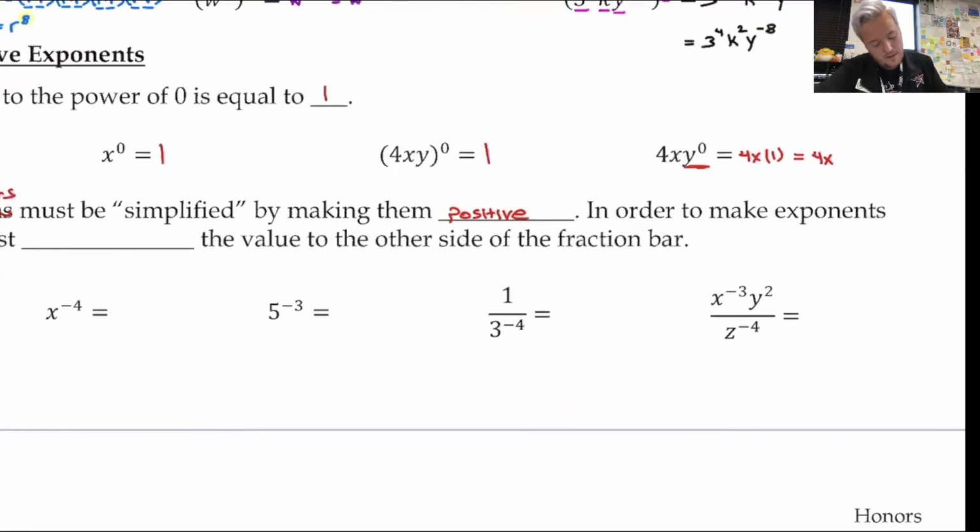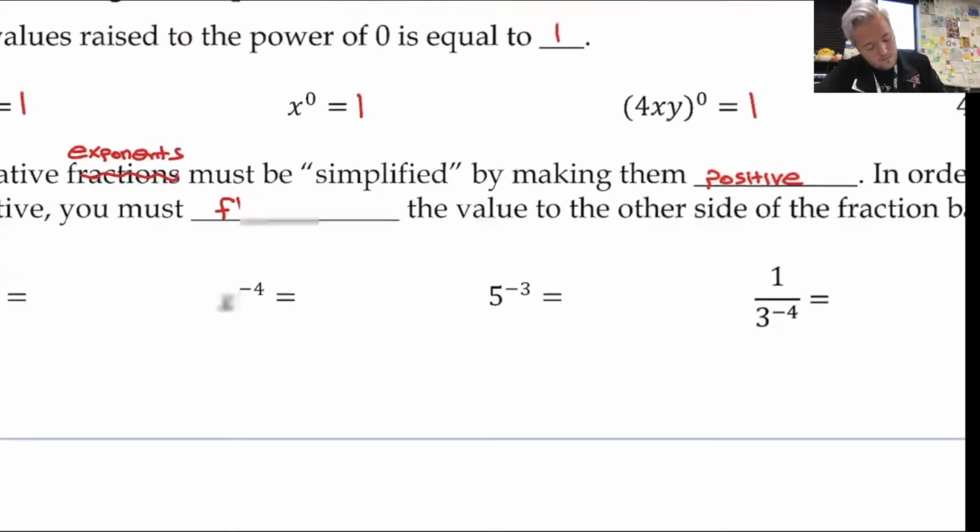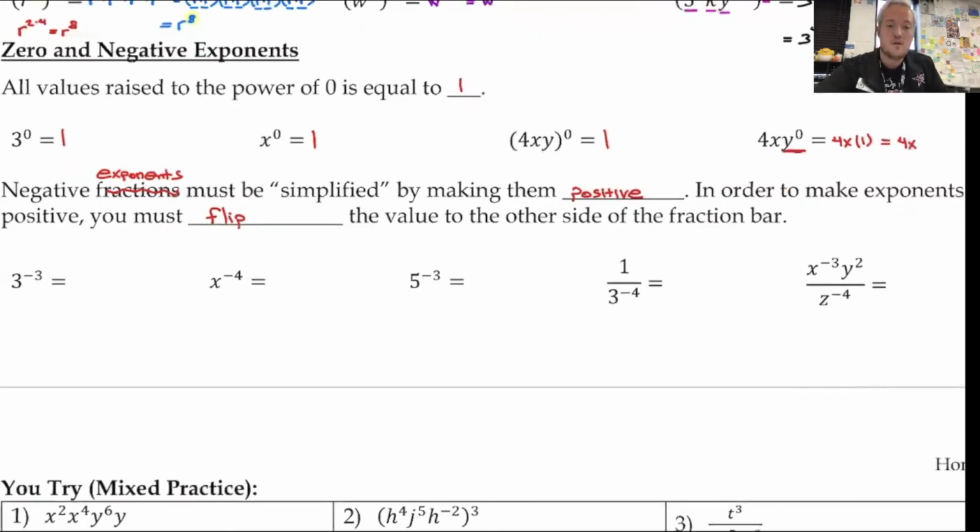In order to make the exponents positive, we are going to flip. Keep in mind, this only pertains to negative exponents. We're not looking at the base per se. We only care if the exponent is negative. The base can be negative, but we wouldn't switch it.